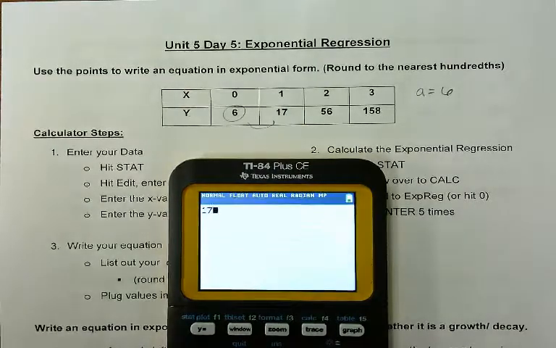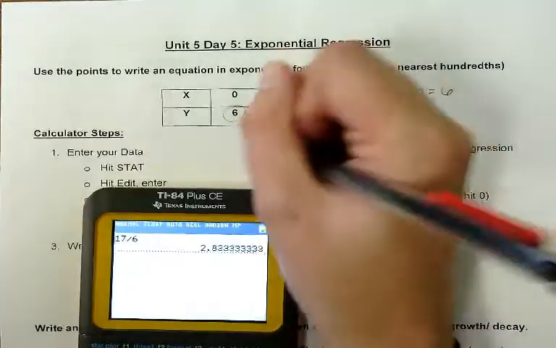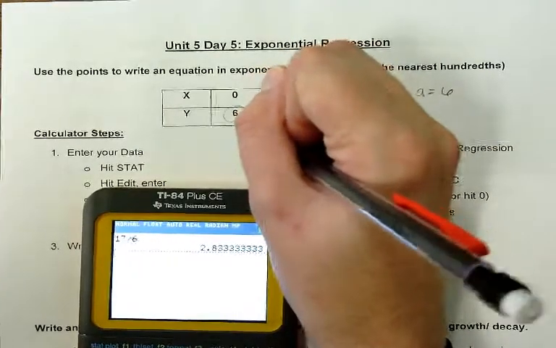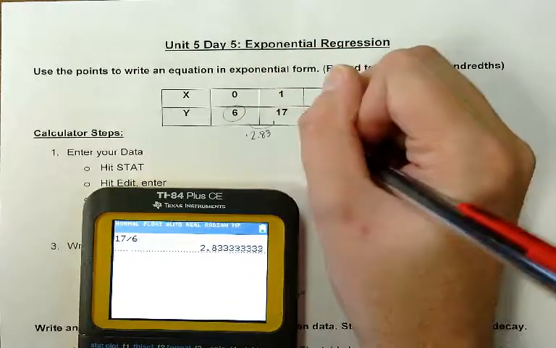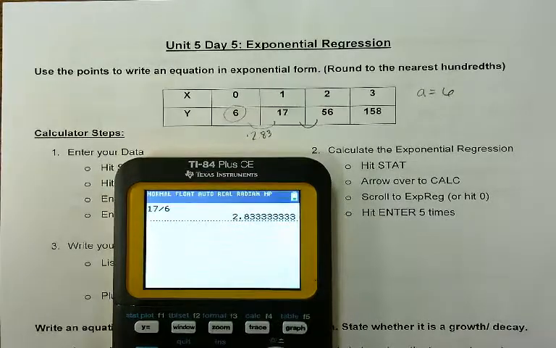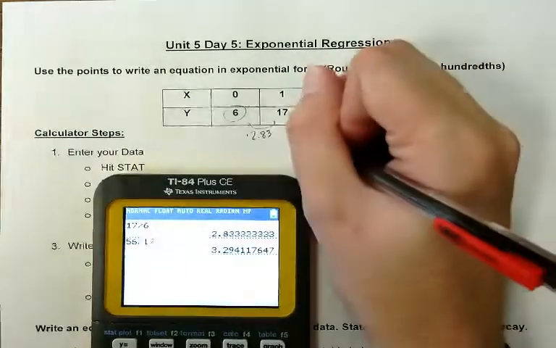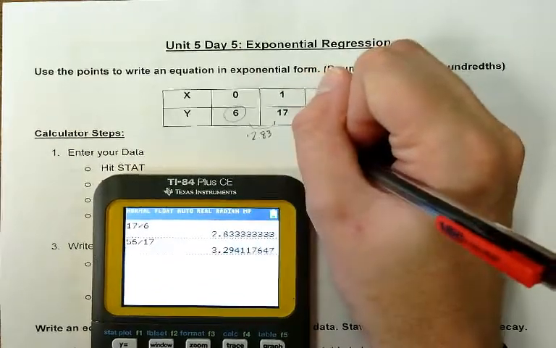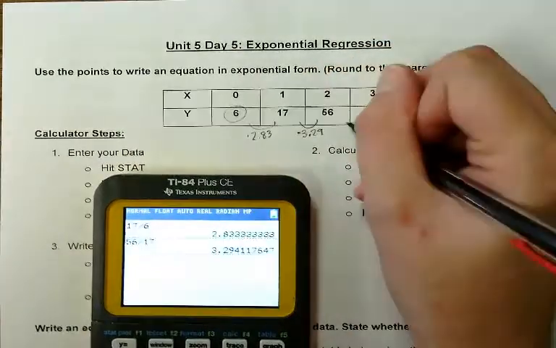But guys, here's the problem for this particular problem. My b is not consistent. Because if I do 17 divided by 6 here, that's going to be times 2.83. If I do 6 times 2.83. If I do 56 divided by 17, guys, my b value is not consistent.